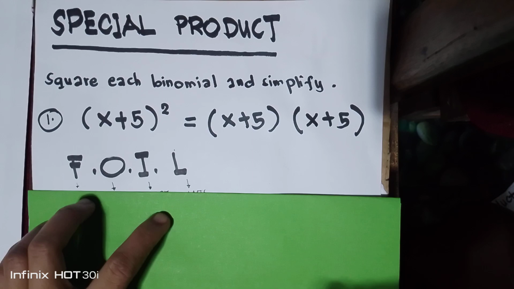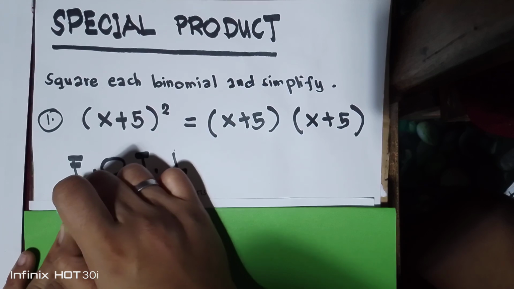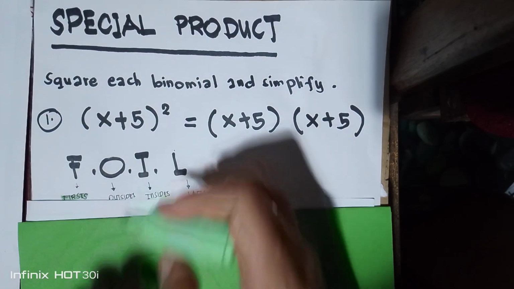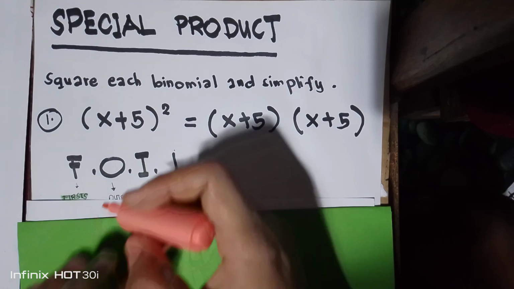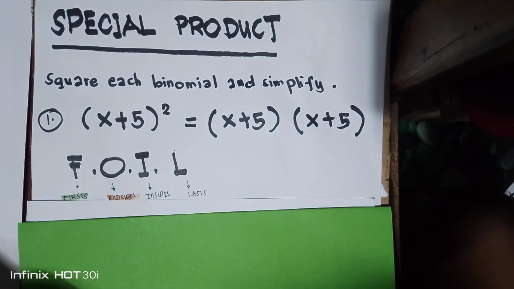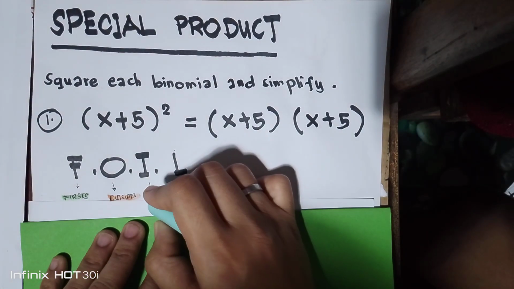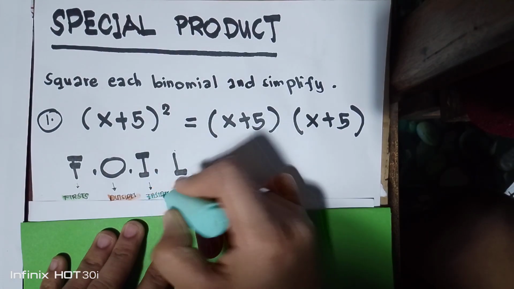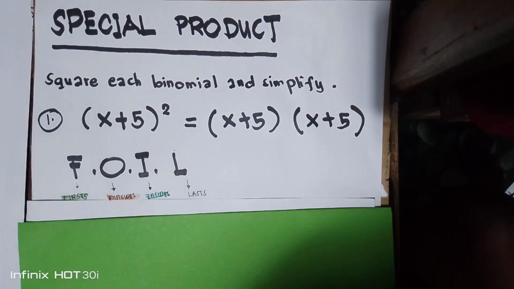So the FOIL method stands for F as first, O as outsides, I as insides, and L for last.